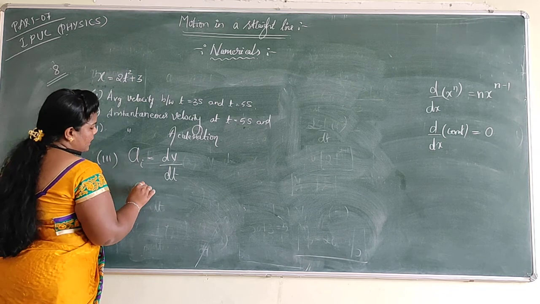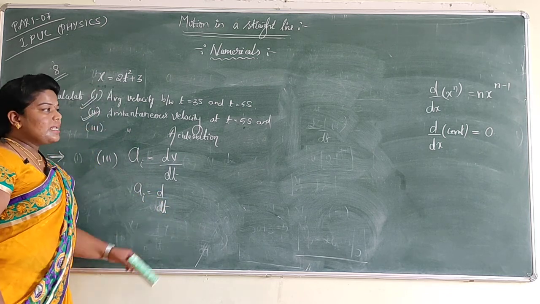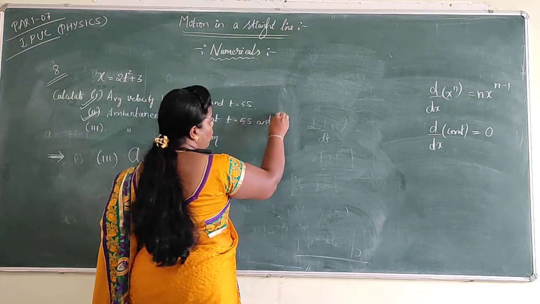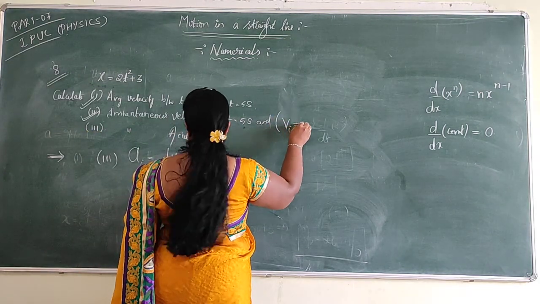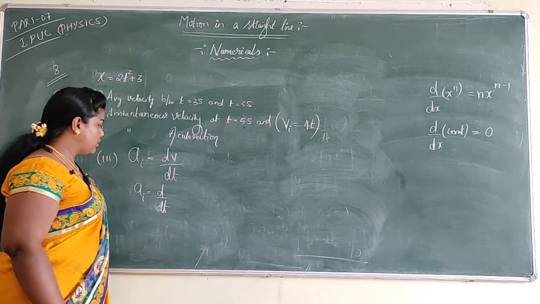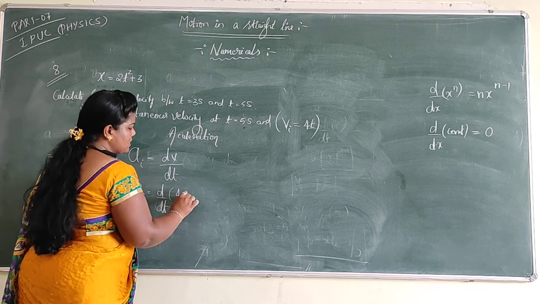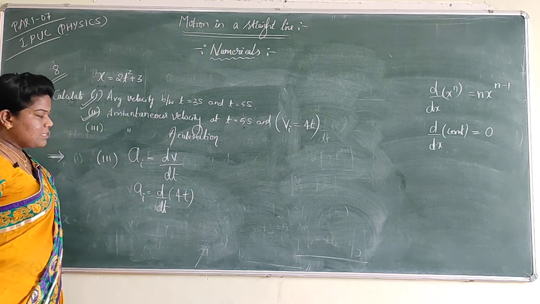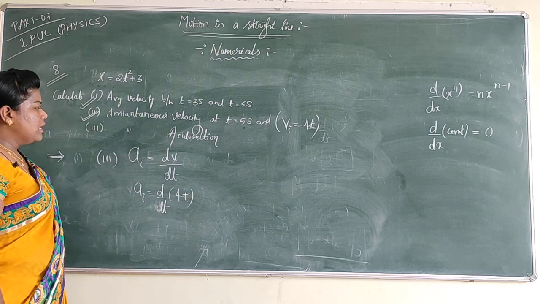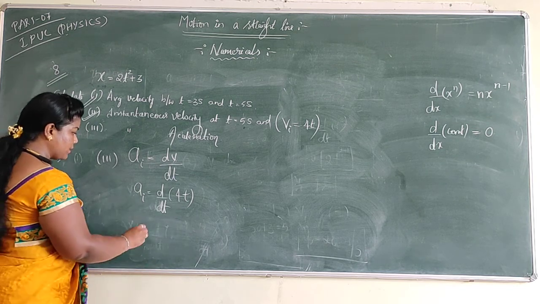So AI can be written as d by dt of v. While solving this, I got the instantaneous velocity equal to 4t, so in place of v, I am writing 4t. Assume that, first let us see this, afterwards I will explain.